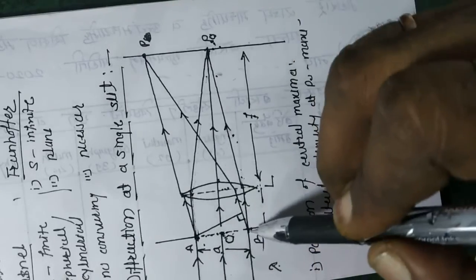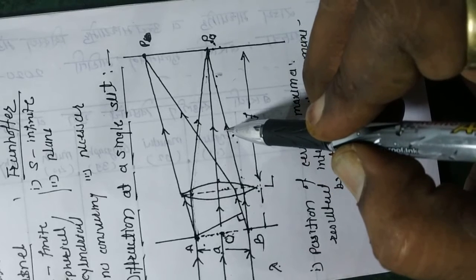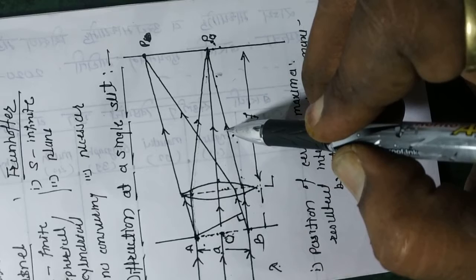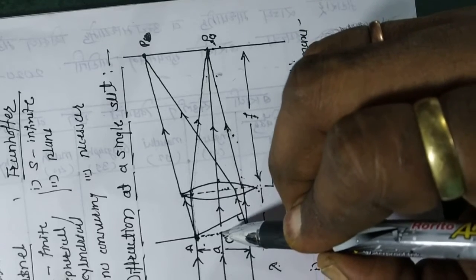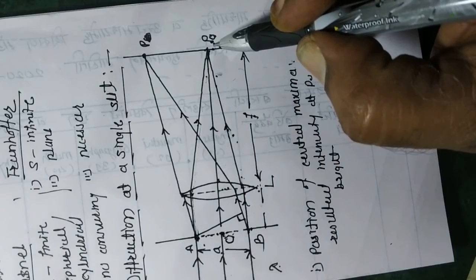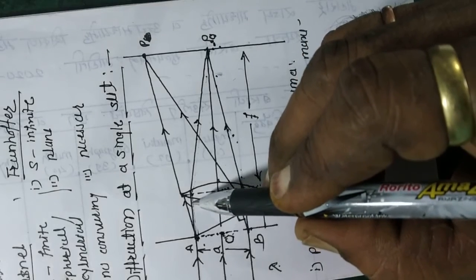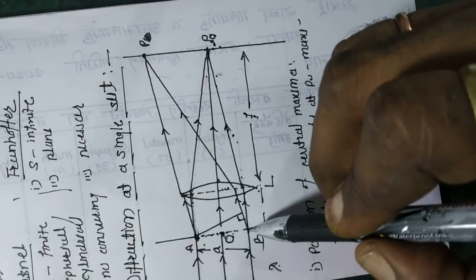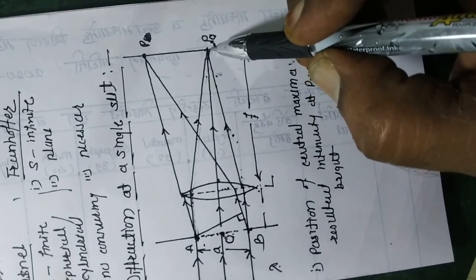These distances are equal, so the path difference is 0.